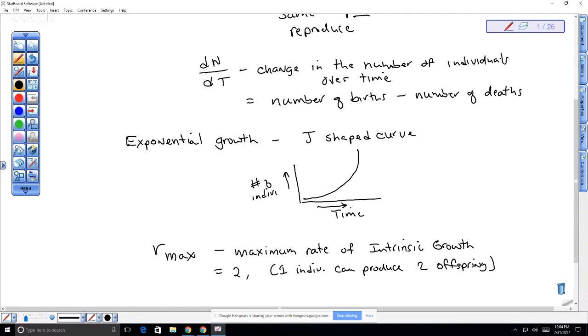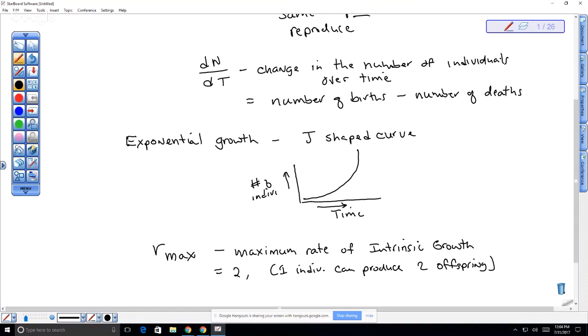If you were thinking about humans, it would be like, how many total offspring could a female, for example, produce in her life during the time period where she's fertile? And so generally we do not have a maximum rate, but some species do.